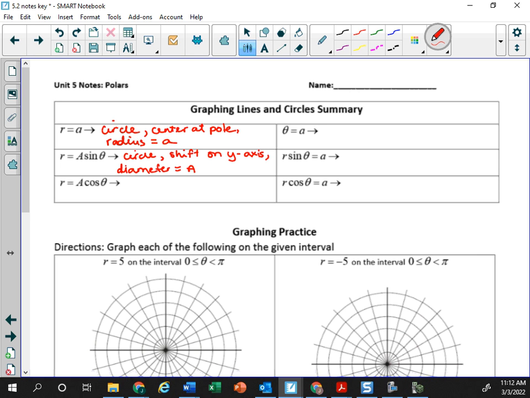If it's a cosine theta, again, circle. This time the shift would be on the x-axis. And again, the diameter would be equal to a.